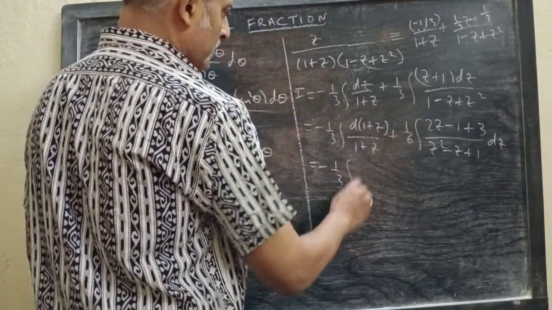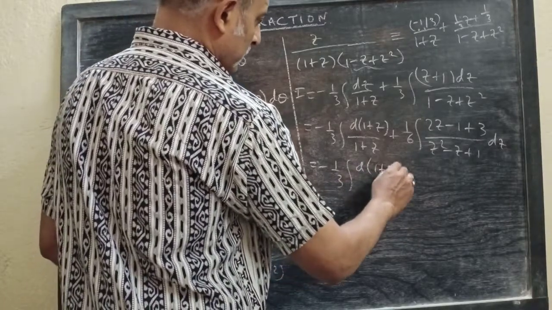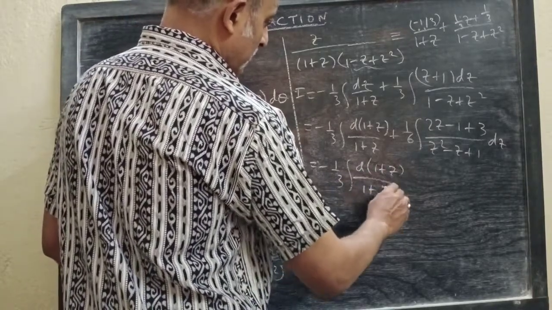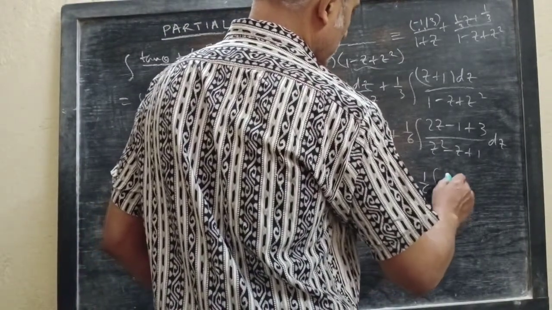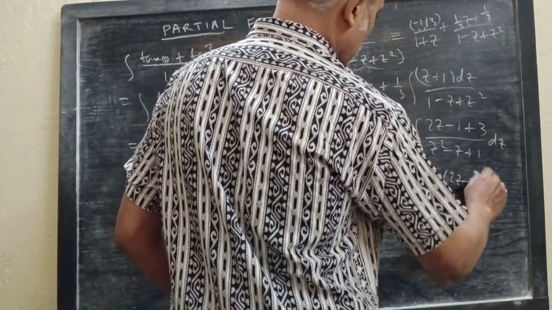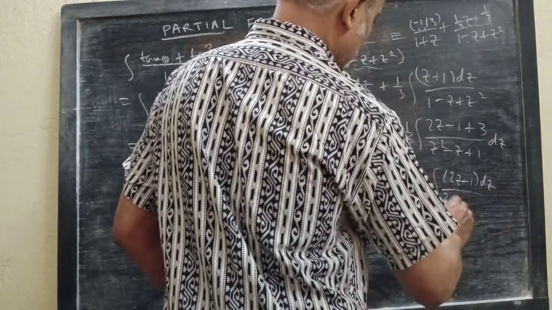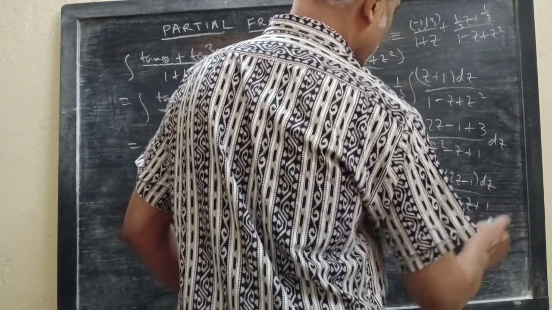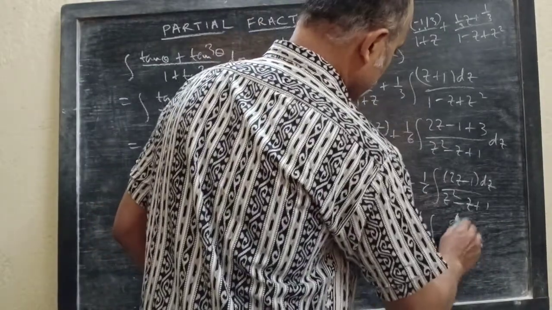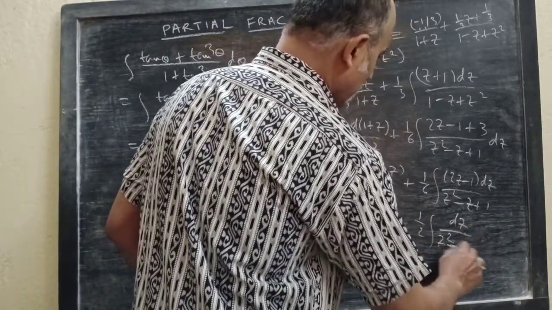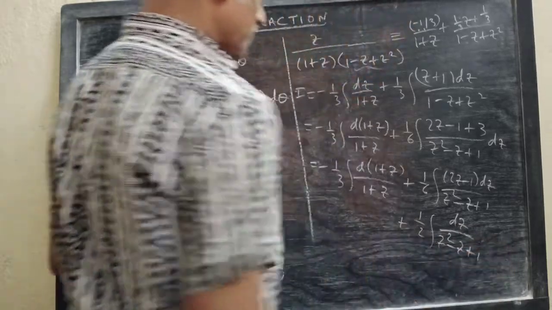That gives 1 by 6 integration 2z minus 1 dz by z square minus z plus 1, and then half integration dz by z square minus z plus 1.